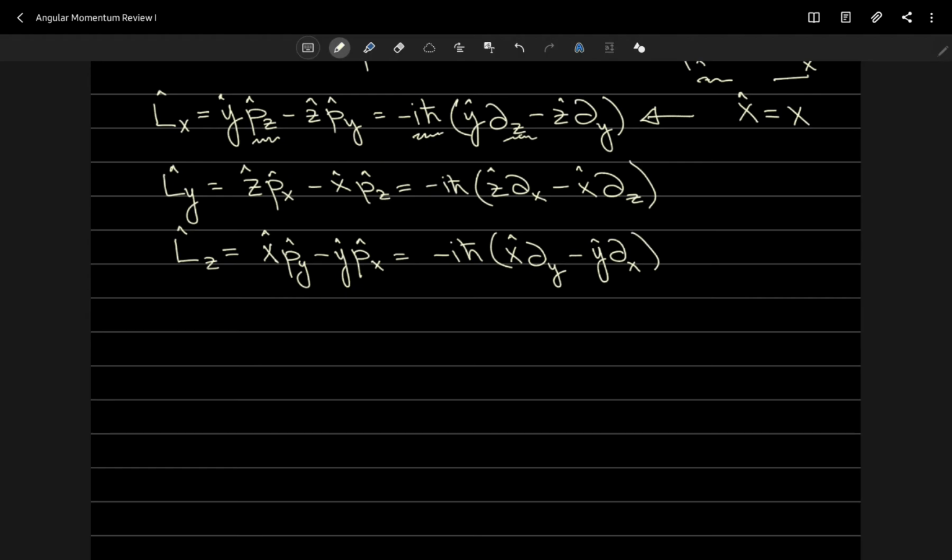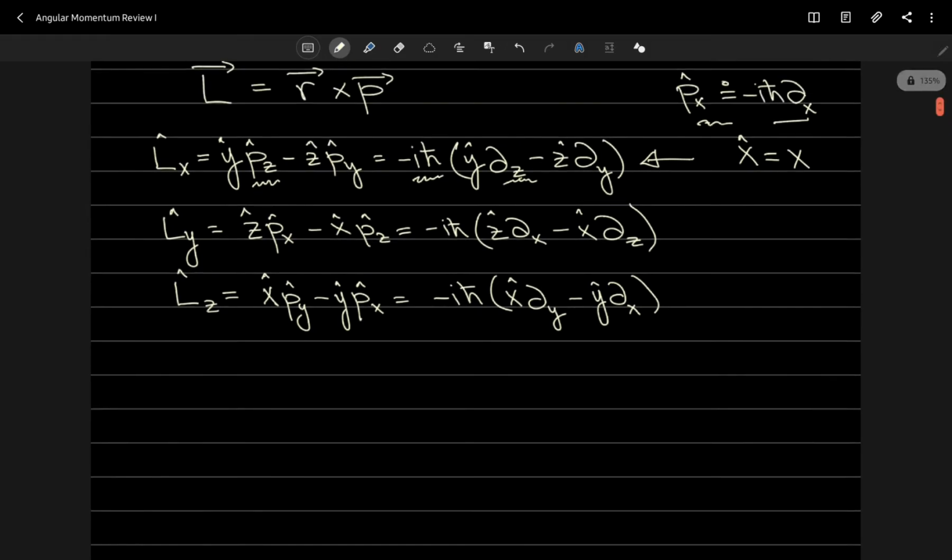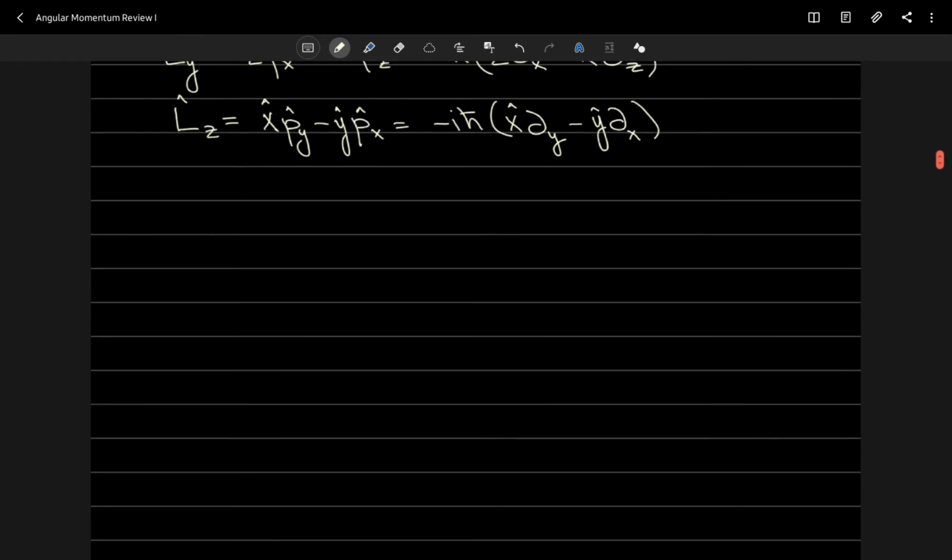And now the important thing over here is that the components of your angular momentum cannot be measured simultaneously. Mathematically, that is to say that the commutator of, for example, Lx and Ly is non-zero. So it has some value which turns out to be iota h bar Lz, right?